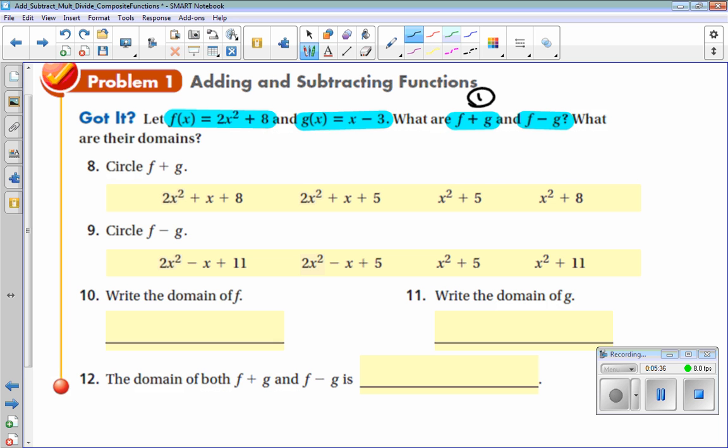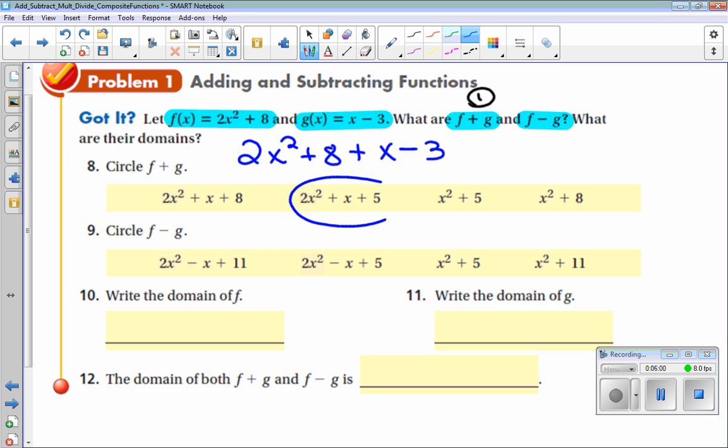What do you think, April? Sorry, honey. The third one. So if I took 2x squared plus 8 and I added x plus x minus 3, I'm going to basically be combining like terms. And I have 2x squared plus x plus 5.